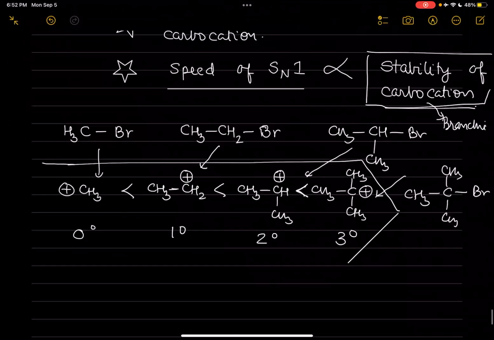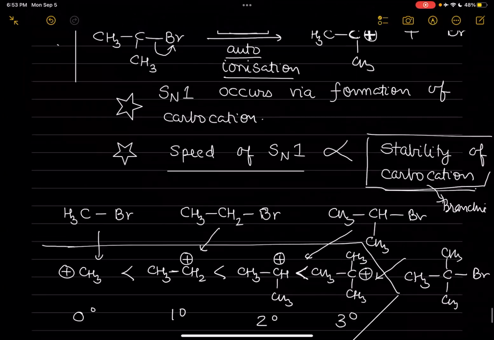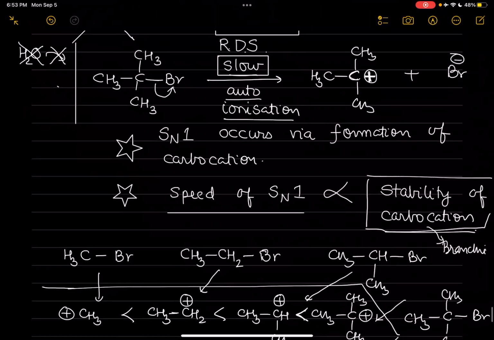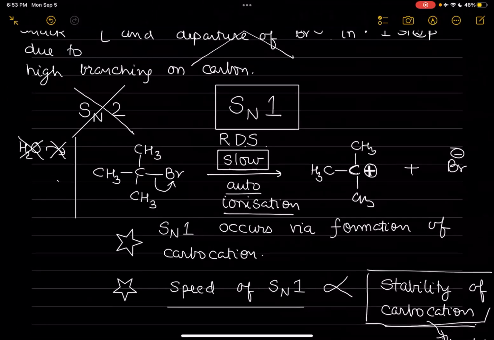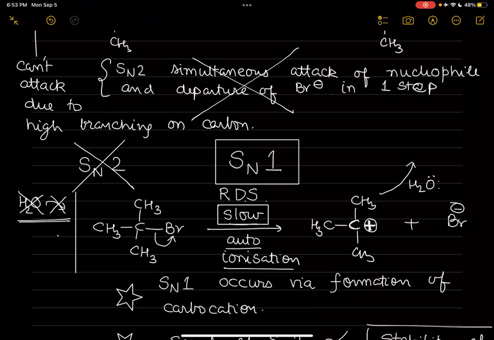And the SN1 reaction can also happen very quickly with a fast rate. So we need to discuss the stability of the carbocation. As you have more and more branched carbocation, the stability is going to increase. Then what happens with this carbocation? How has the SN1 happened? This carbocation is now attacked by a water molecule. You see here, this direct attack was not happening because the carbon was very bulky, and that was not allowing SN2 to happen.